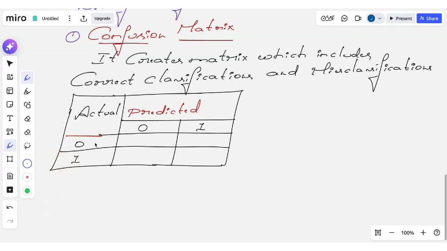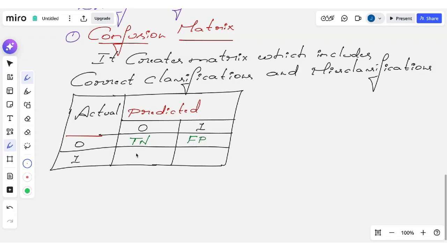So now tell me, if actual is 0, predicted is 0, what will be the value? True negative. Yes, this is true negative. Then, if actual is 0, predicted is 1, false positive. It's wrong, so it's a false. Predicting 1, so it's a positive. Good.